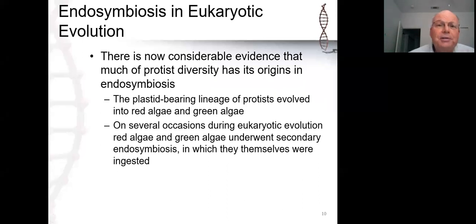What has created much of this diversity is the role of endosymbiosis. So we've already discussed endosymbiosis once before. You've seen it in terms of the origin of mitochondria and the origin of chloroplasts as organelles within eukaryotic cells.